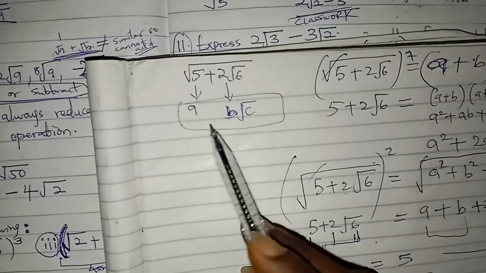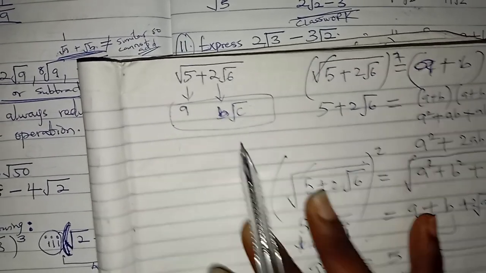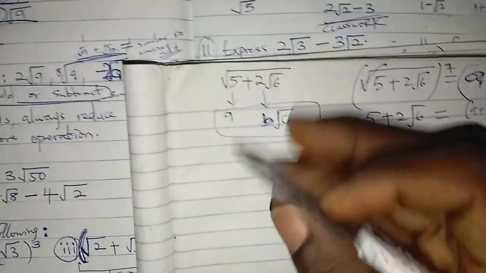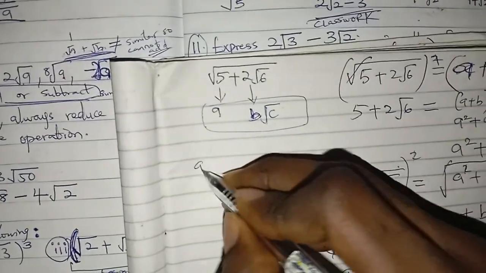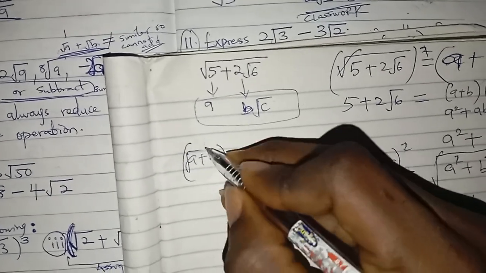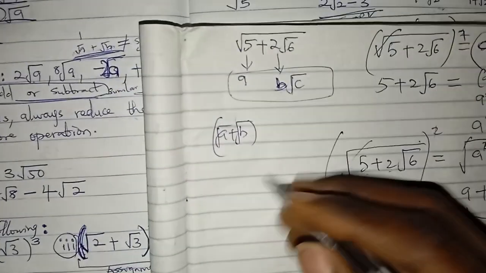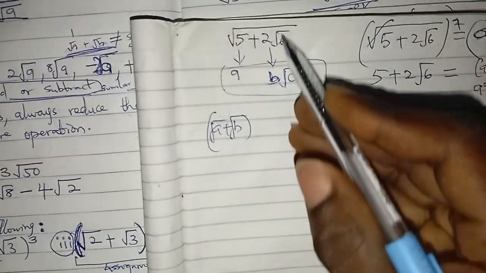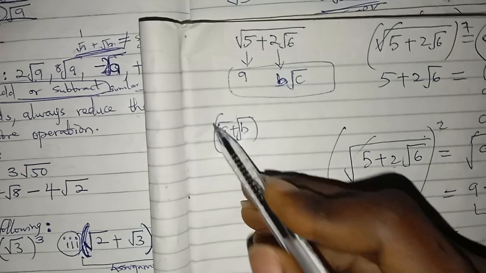And in this case, since we are using a plus b, we now gave it roots. So since this part has roots and this part has roots, we say everything here is equal to this.